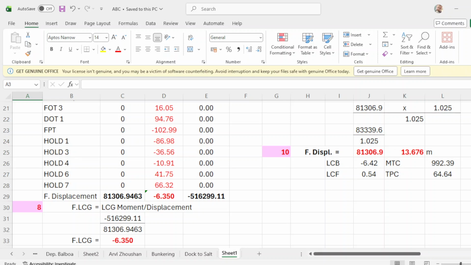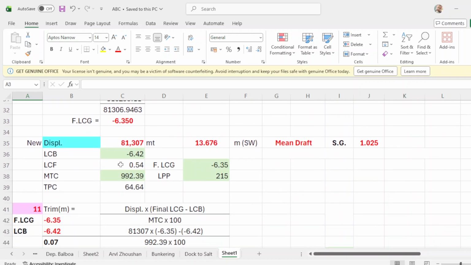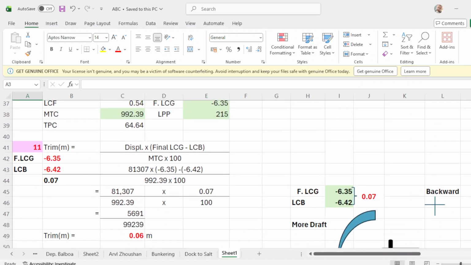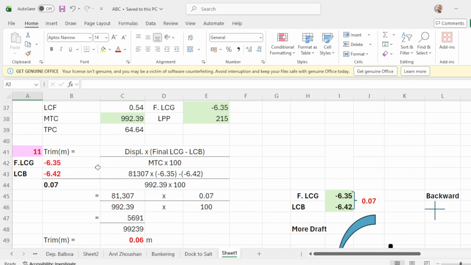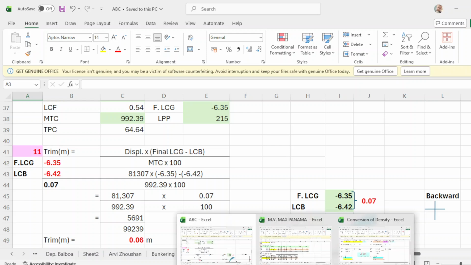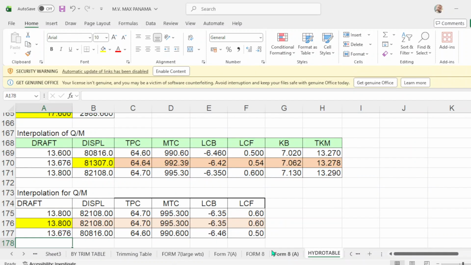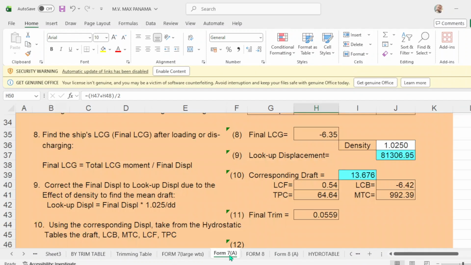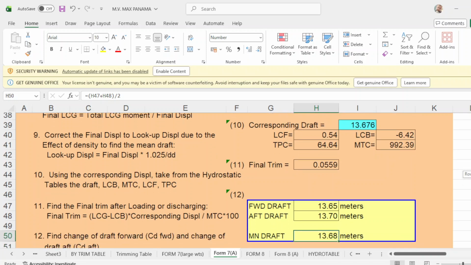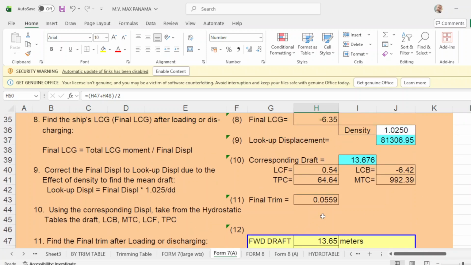This one is the same as this one. So we go now to 11 to compute for the trim. The final trim will be 0.0559.